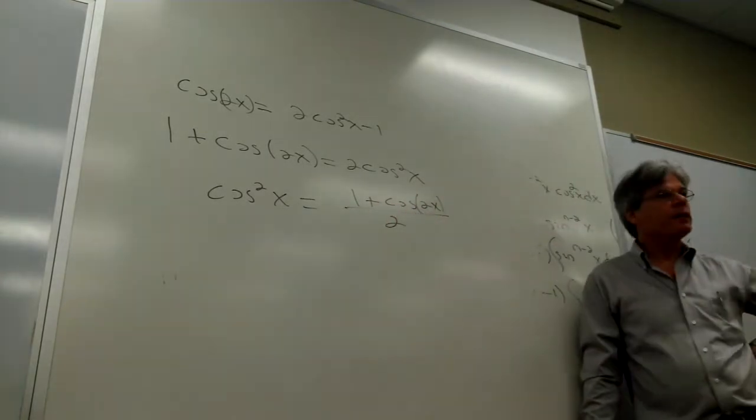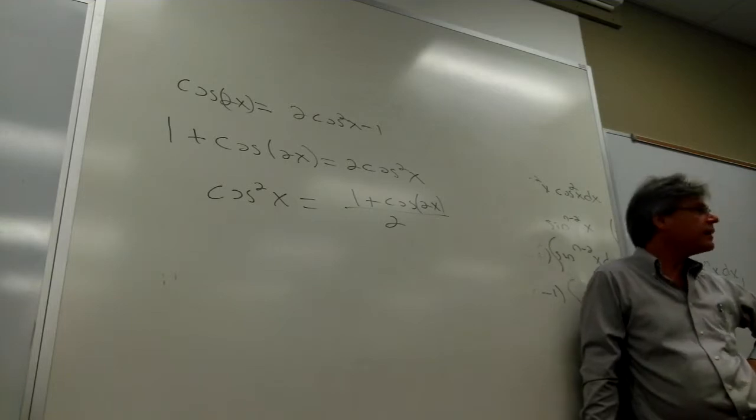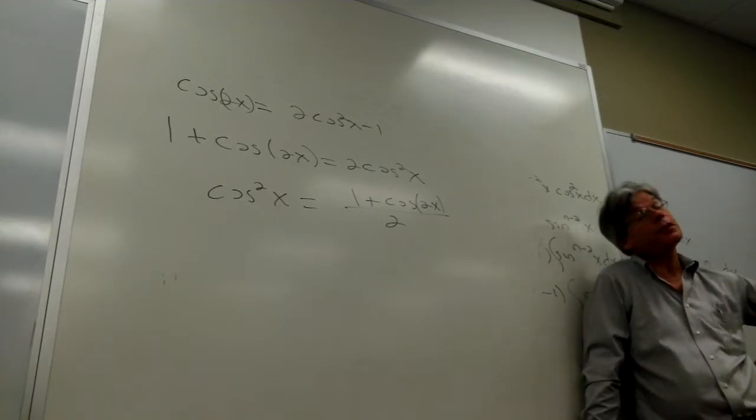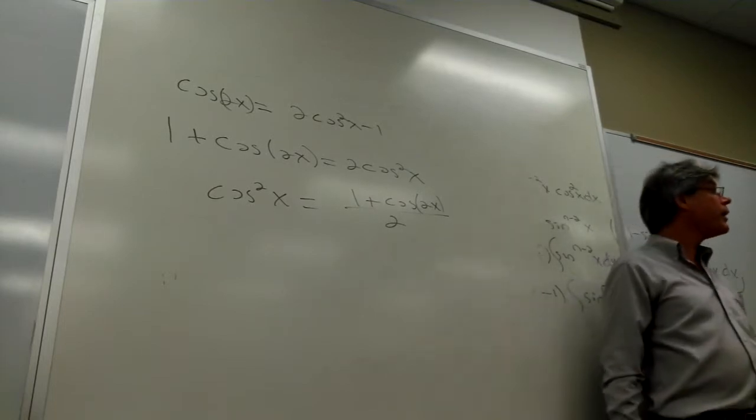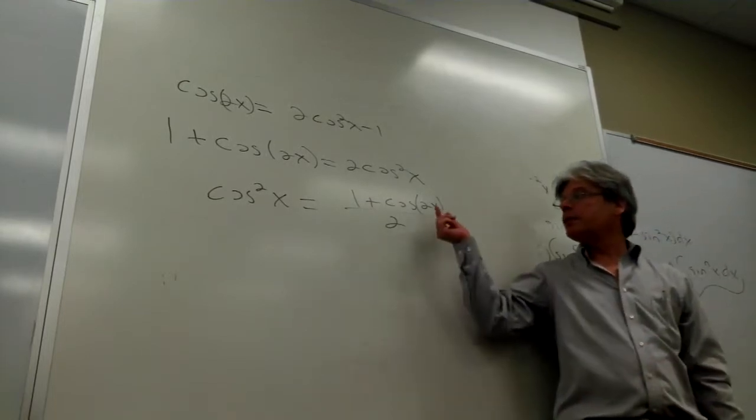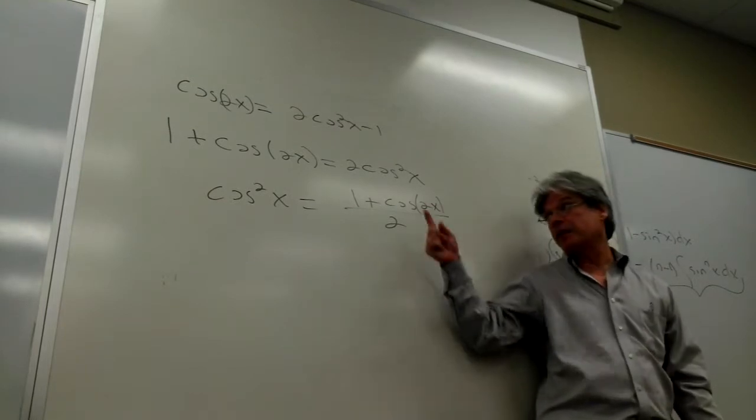There's my nifty little reduction identity for replacing cosine squared of x with an expression involving a cosine expression raised to only the first power. The downside? The input gets more nasty, but the upside, the exponent is 1.